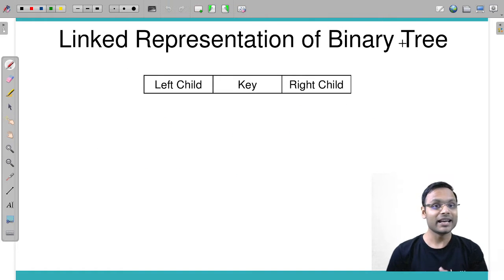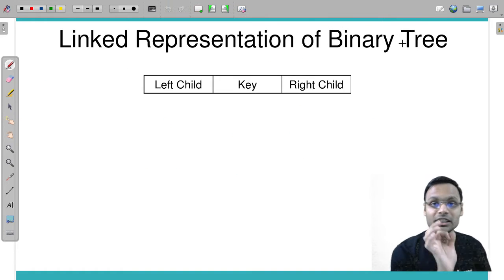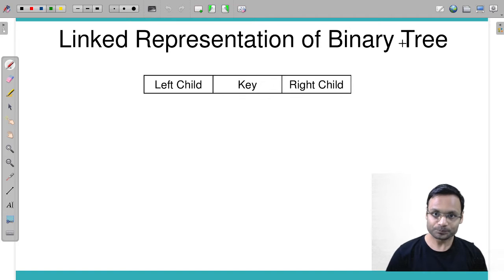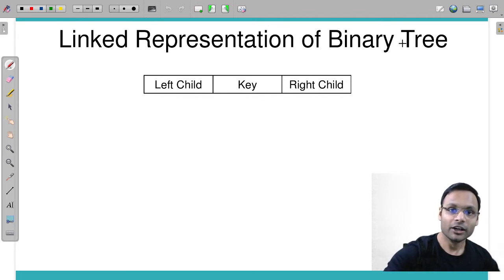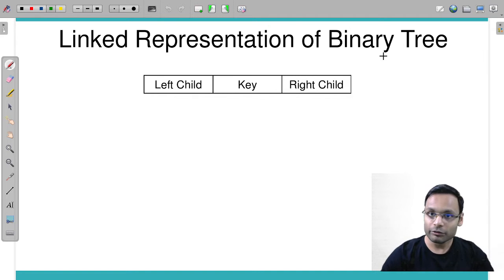Let's learn the next thing, which is linked representation of a binary tree. The binary tree can be represented in the linked type representation. We will store the binary tree in the form of nodes.